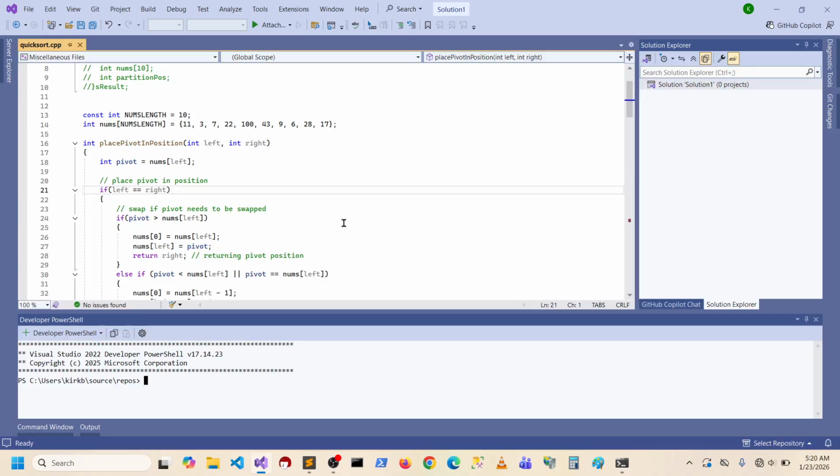I gotta plug in the inverter. Alright, that's plugged in.